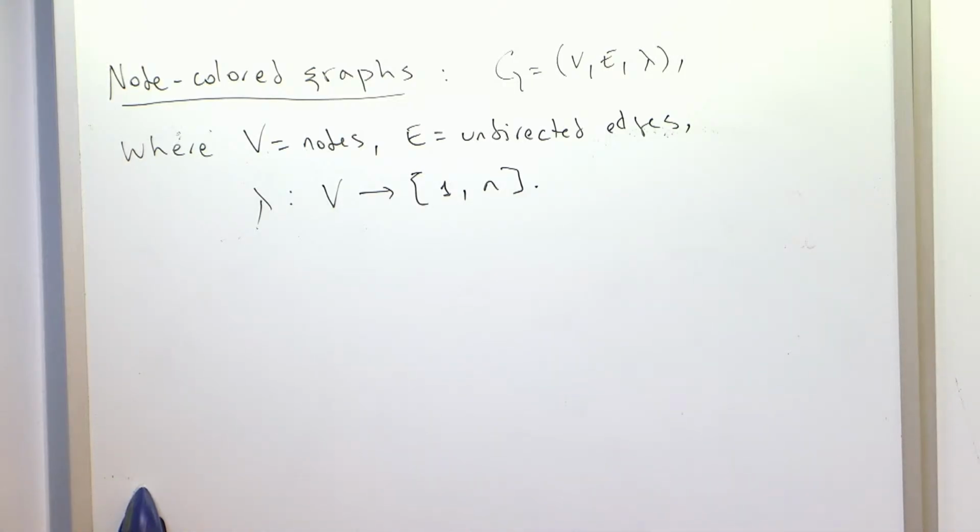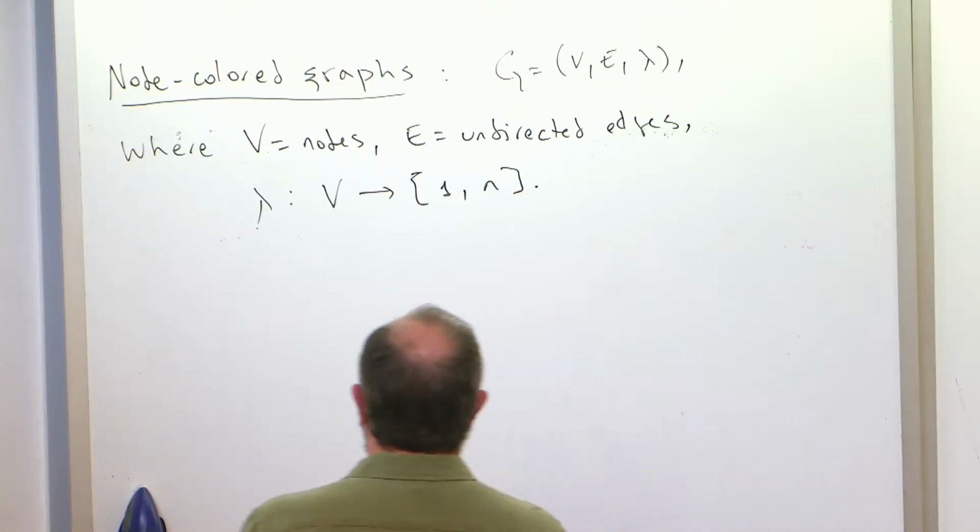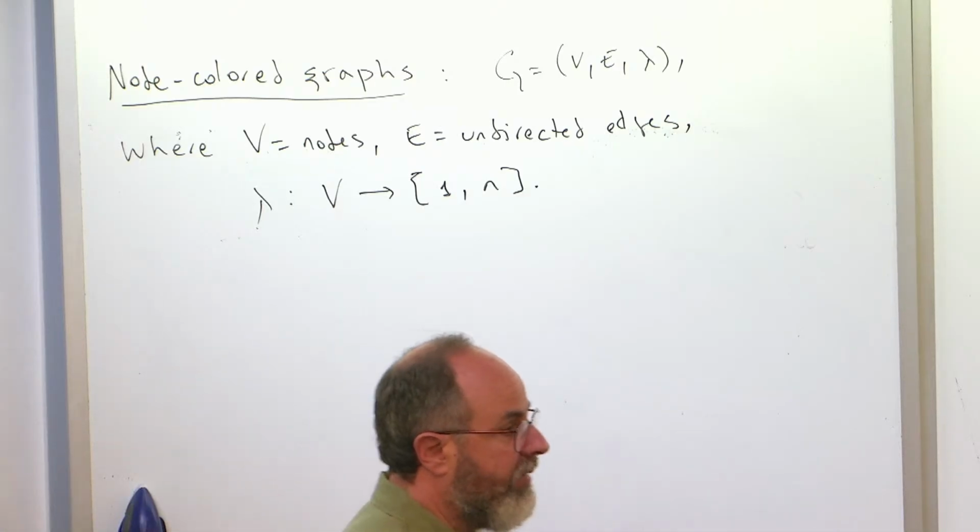So we have n different colors. This is a parameter of the setting, the number of colors we allow. So these are our underlying structures.